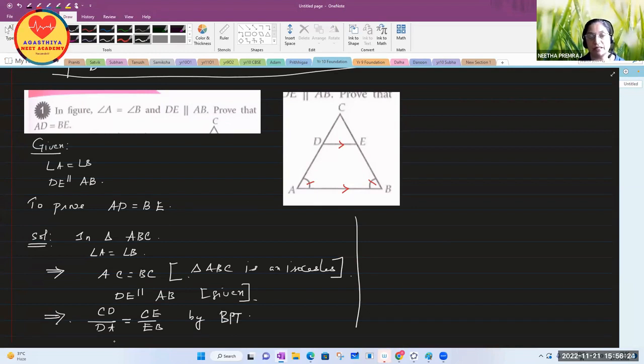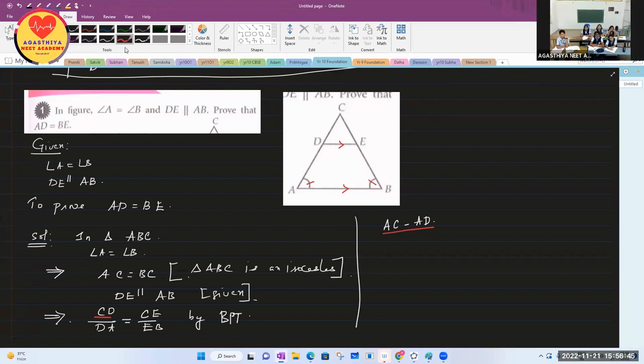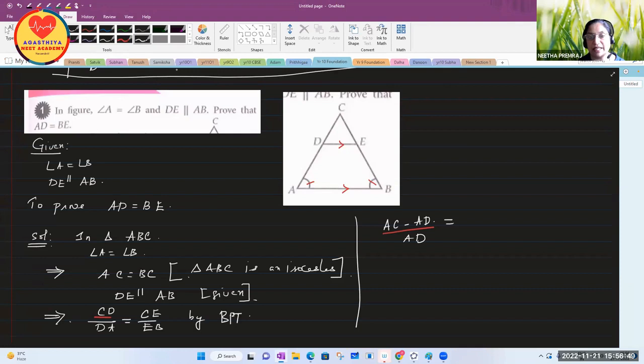CD can be written as AC minus AD, yes? Instead of CD, you can write AC minus AD, isn't it, guys? Yes or no? Yes. Okay, the denominator I write as it is, AD. Similarly, CE, how do you write CE?